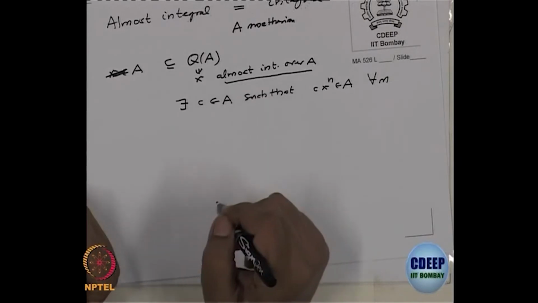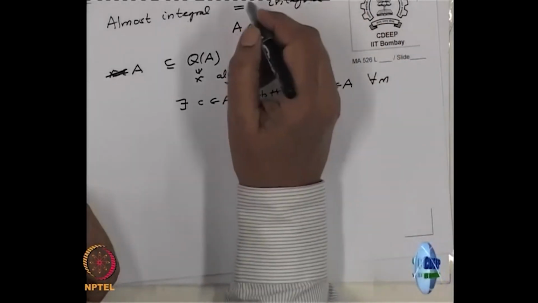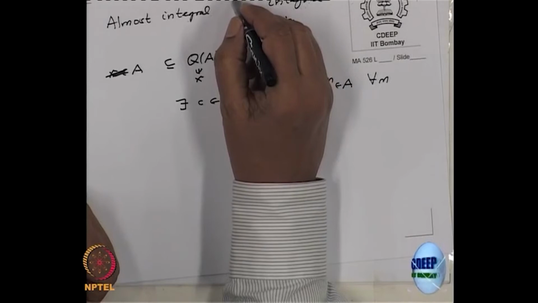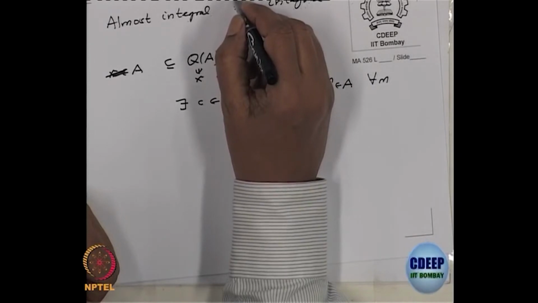Now, what is always true is integral implies almost integral.